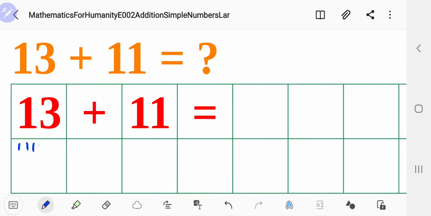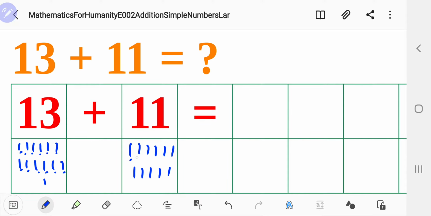We count 13, then 11, and then we count them all. You have 24.